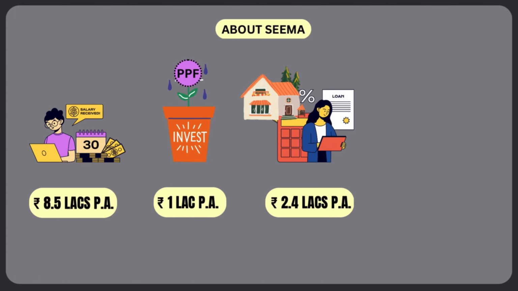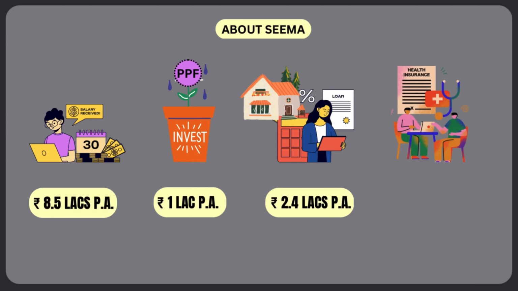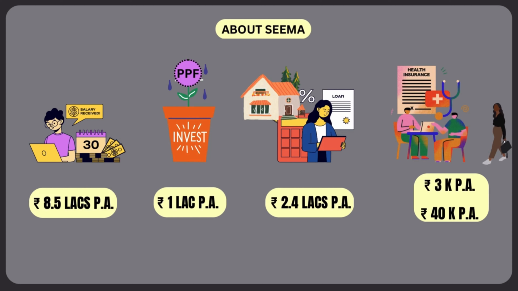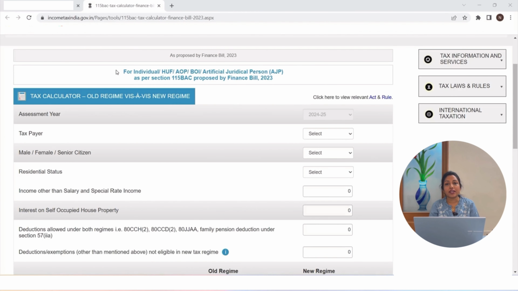As part of her employment, she has medical insurance for which she pays a premium of rupees 3,000 per annum for herself and rupees 40,000 per annum for her parents who are senior citizens. So let's fill up Seema's details in this calculator and find out which regime suits her the best.